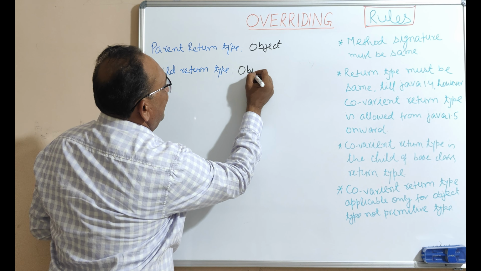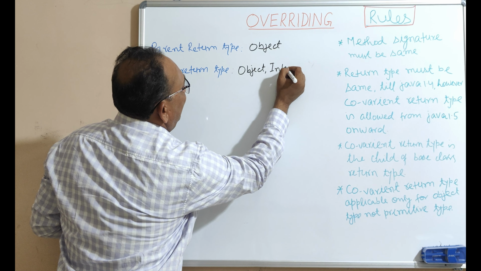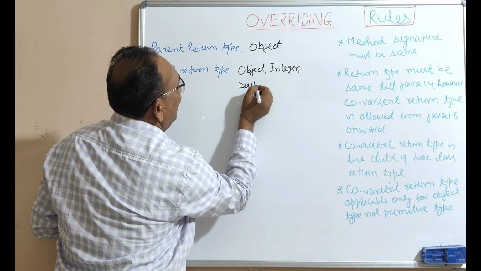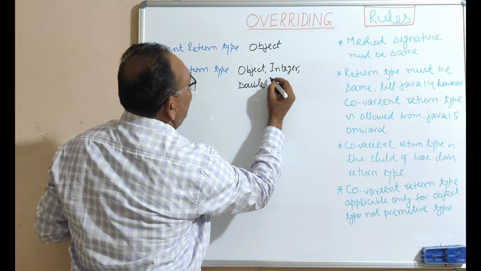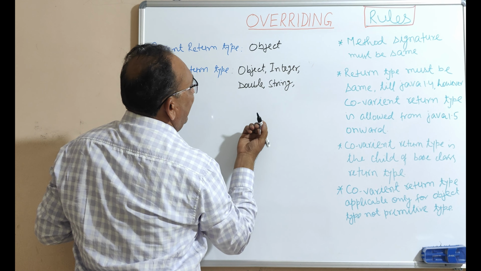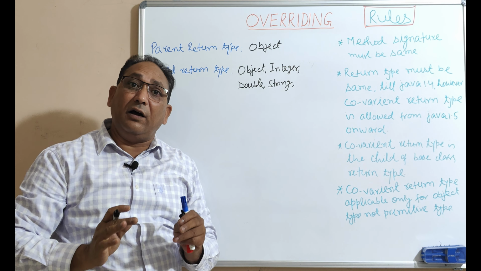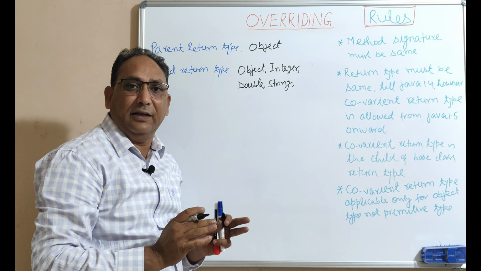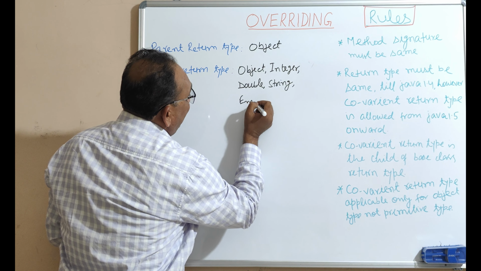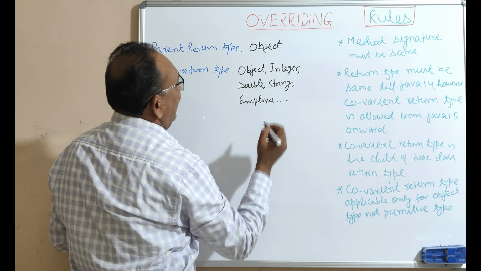Object is a valid return type, integer is valid, double is valid, string is also valid, correct. And if we have created our own classes, let's say I have created an Employee class, then that Employee class itself is valid, and so on.